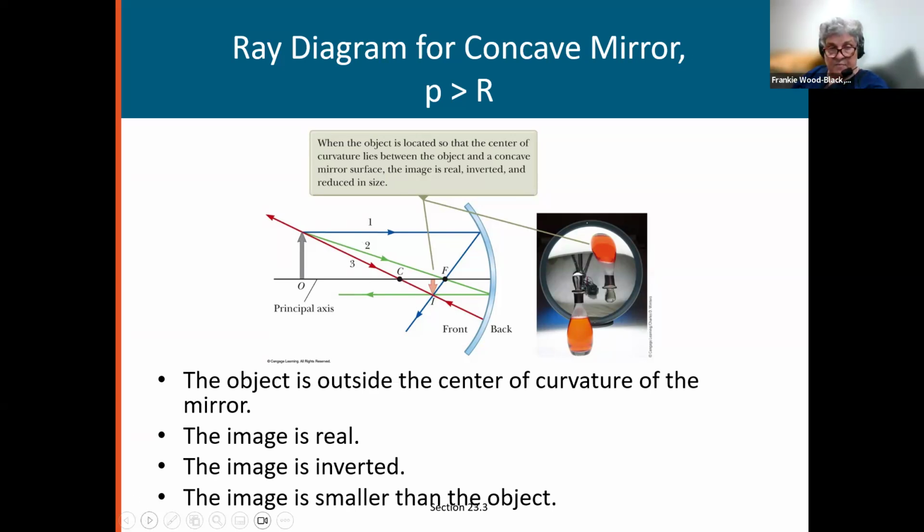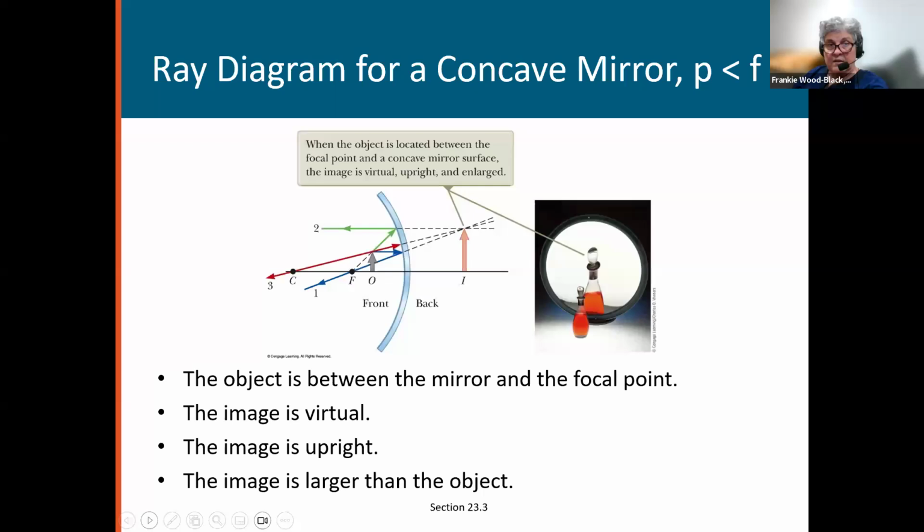Now, what happens if I'm inside? I'm going to end up having the image be virtual because if I put a piece of paper here, I'm not going to have the light. It's going to be upright and it's going to increase the size of my image. So it's going to actually look bigger. So we do have that.